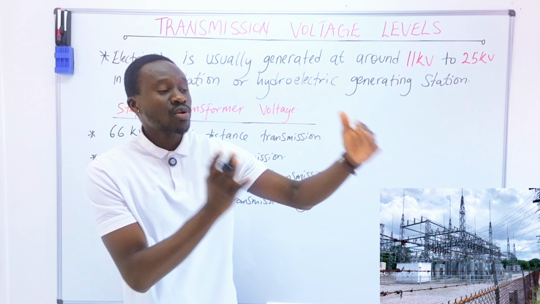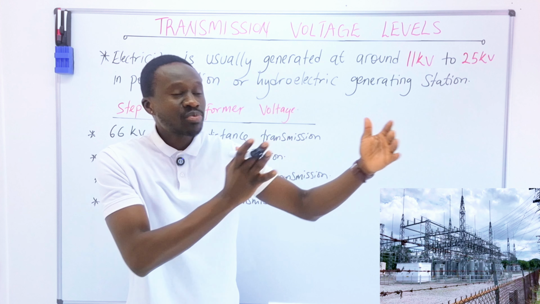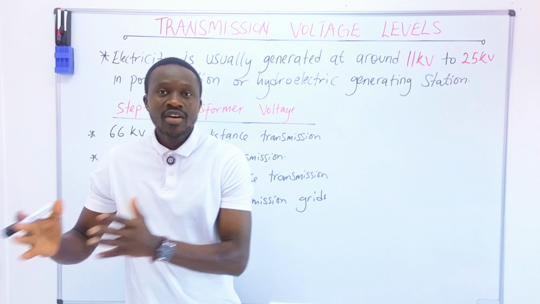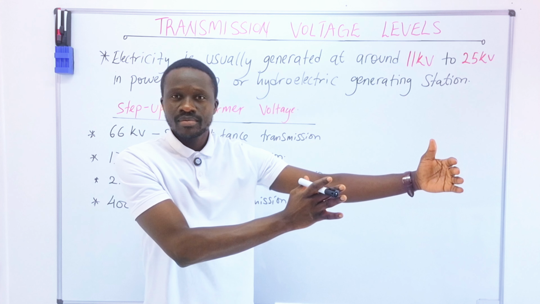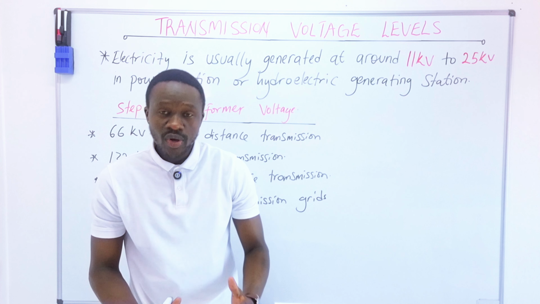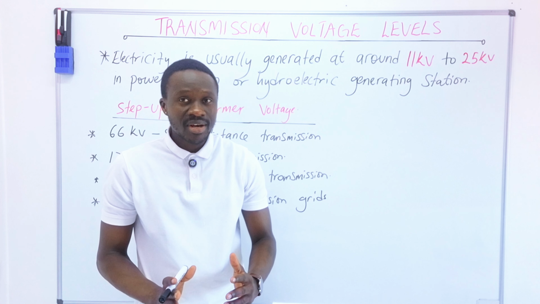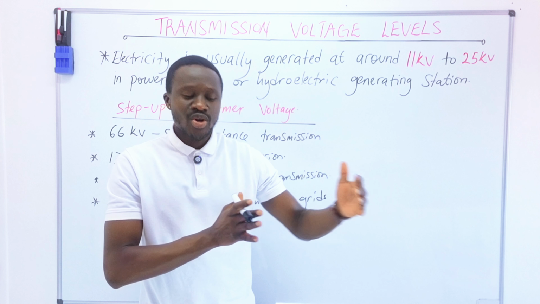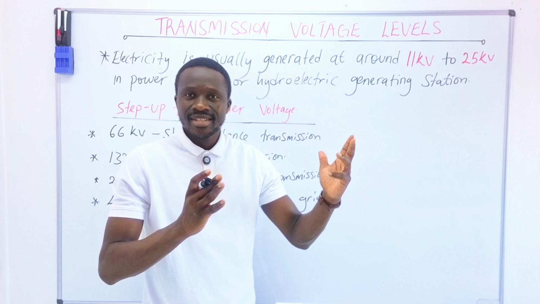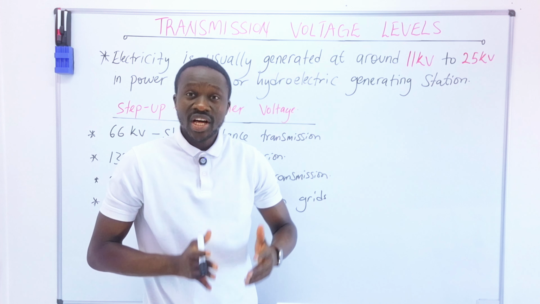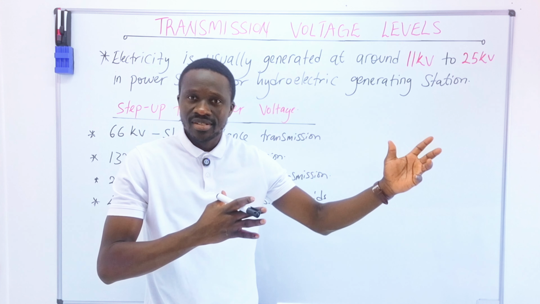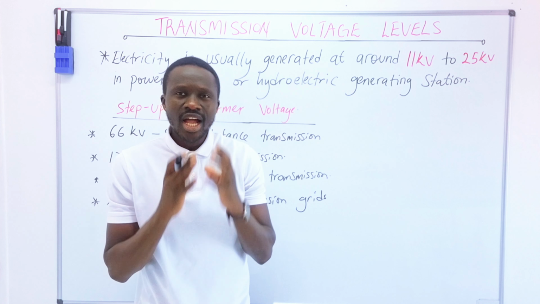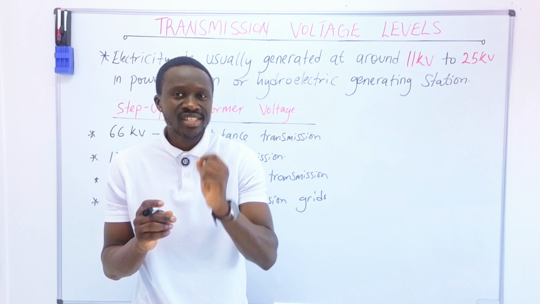We're going to see the voltage levels at which a transmission company is able to transmit from one place to another. So from generation, we generate some thousands of volts. Now, when it reaches transmission, we step up from thousands to hundreds of thousands of volts when we are going to transmit. And we are going to see the reason why they do this.